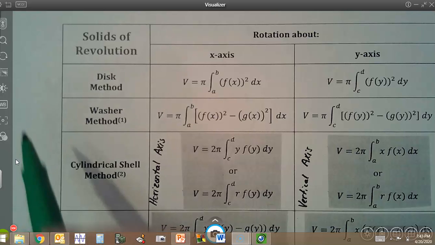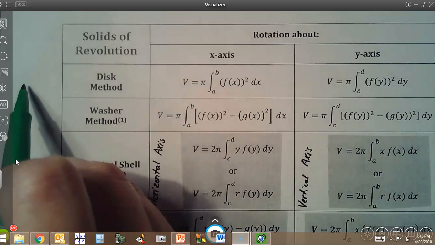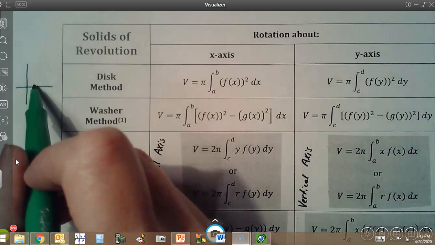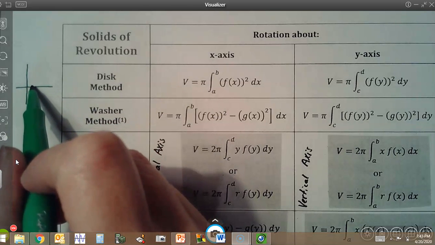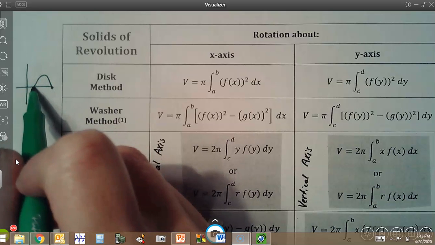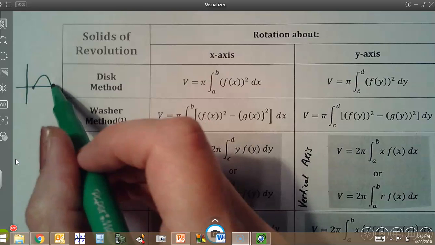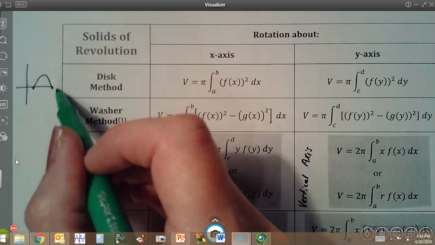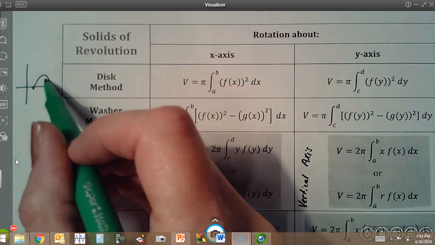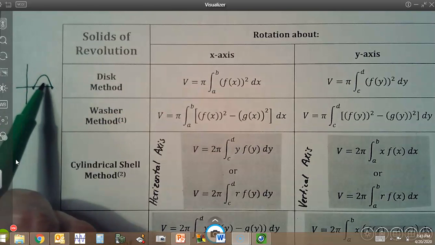Okay, so say I have, let me just do a parabola like this. If I'm rotating that around the x-axis this way, then the disc method works because my little discs are each going to be individual like this. But it wouldn't work for me to do it around the y-axis.